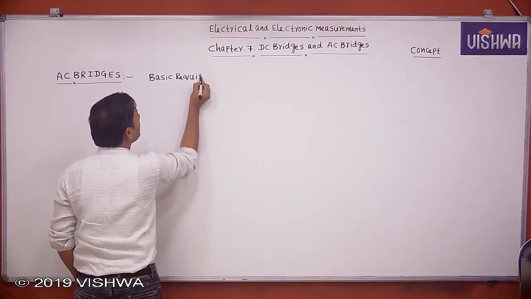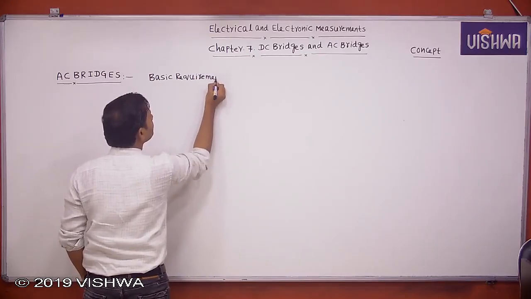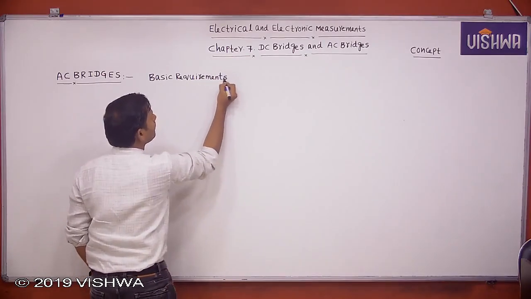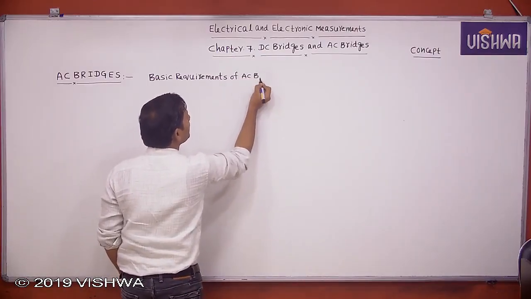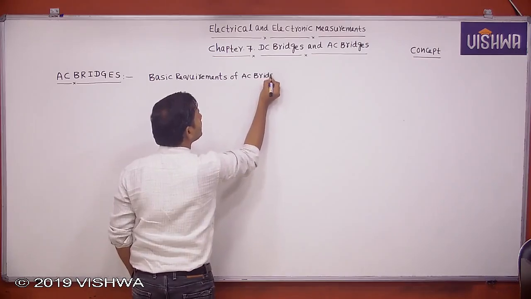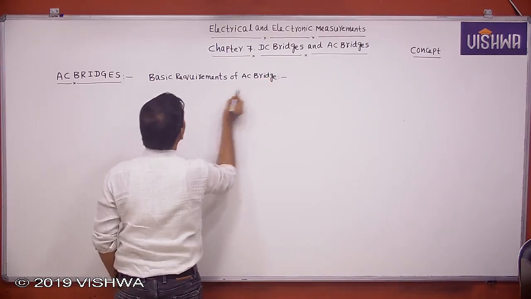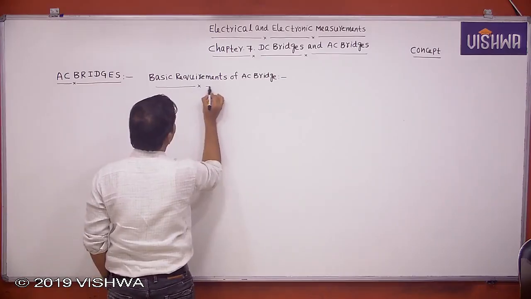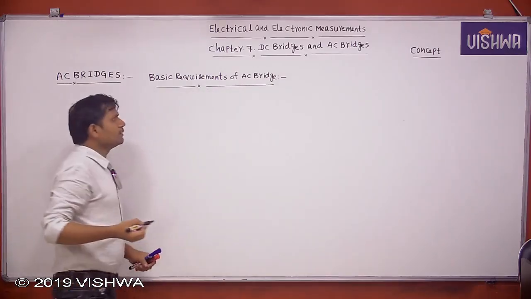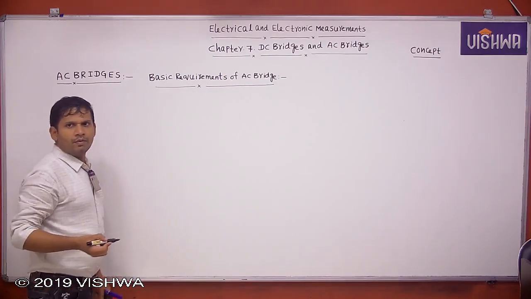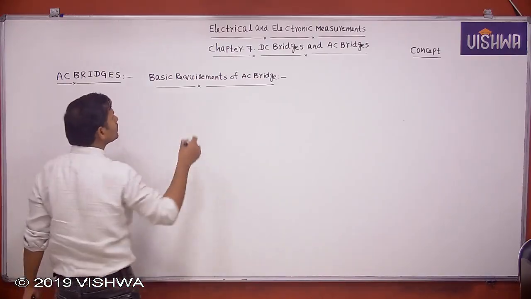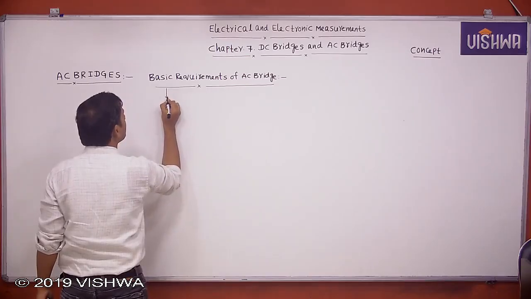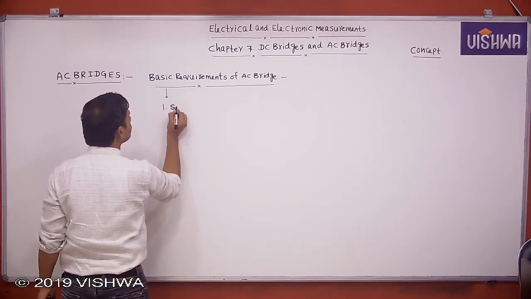To operate any AC bridge, one requirement is that it must have some source.